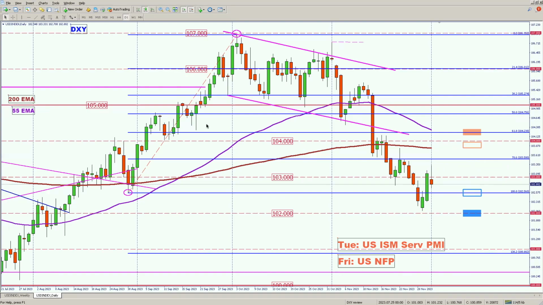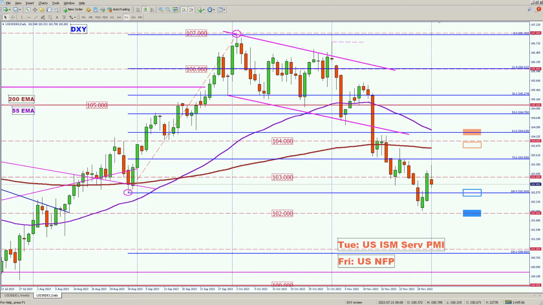Okay, so key news week for the US dollar, and we'll have to watch the price action between the euro and the US dollar index, as well as spot gold, which has also retested the year's high and close to the all-time high.